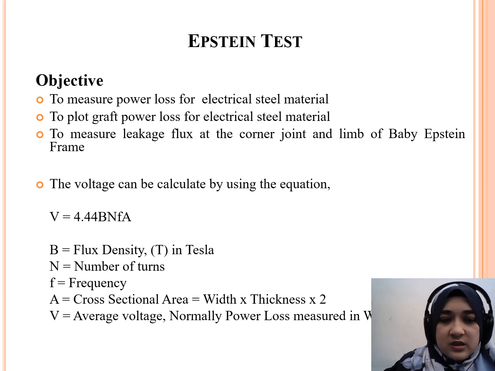With the Epstein test, the voltage can be calculated by using the equation V equals 4.44 B F A, where the difference is just at the A, the cross-sectional area, and how to calculate the A.